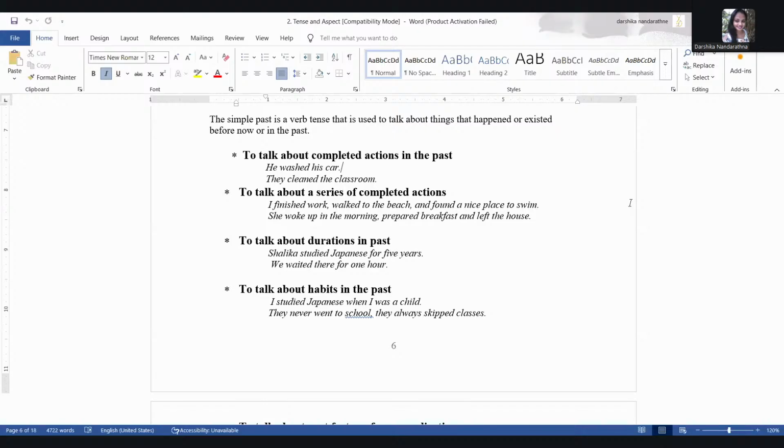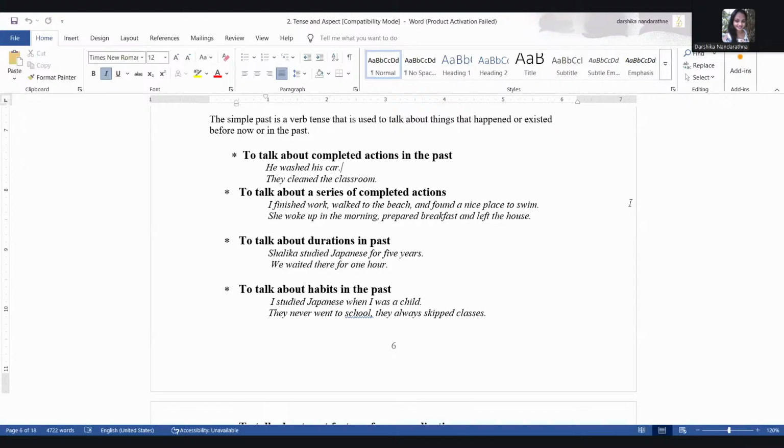So all of these actions are completed actions. That means they belong to the past. So we can use simple past tense to talk about them. I finished work, walked to the beach, and found a nice place to swim. So simple past tense is used to talk about this series of completed actions.